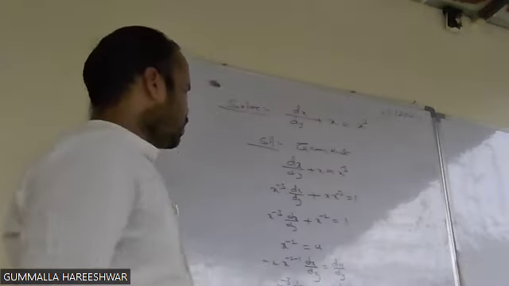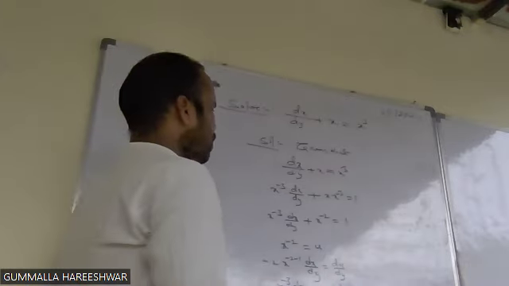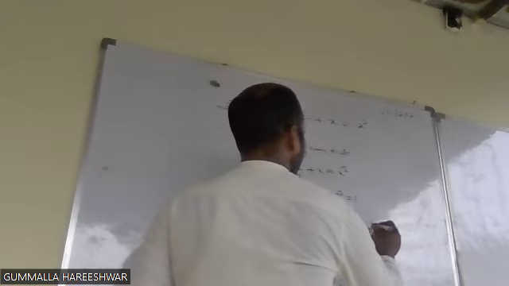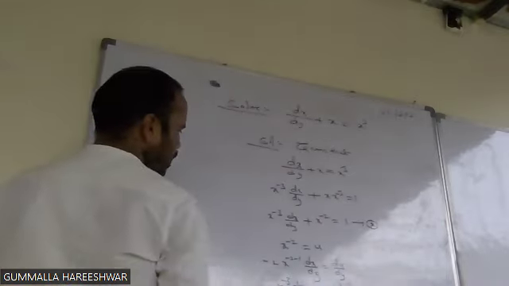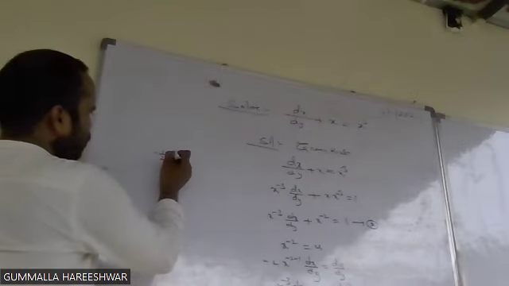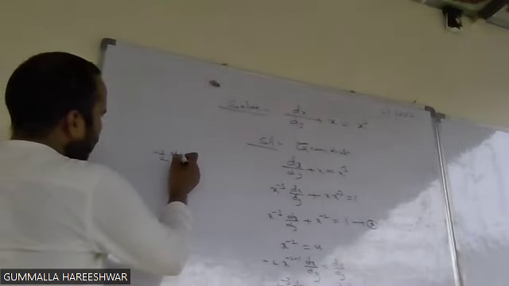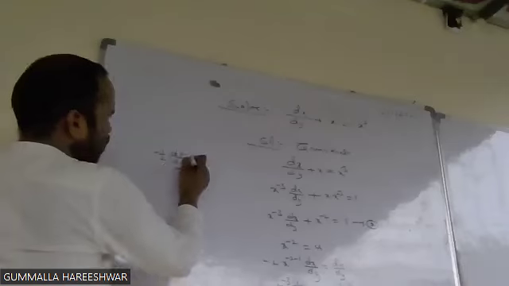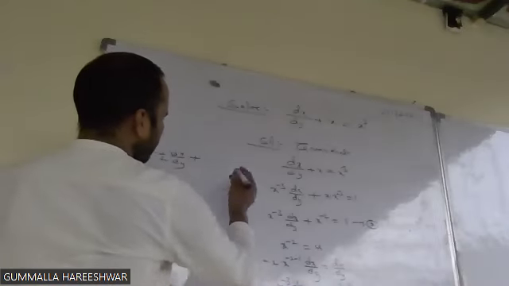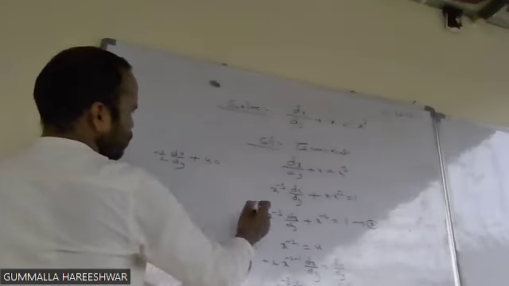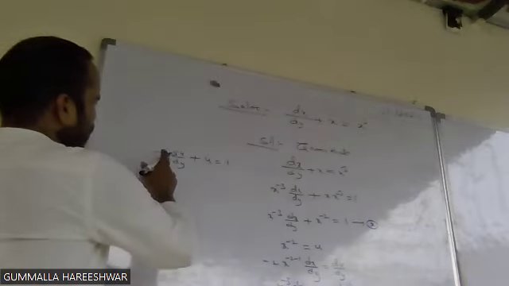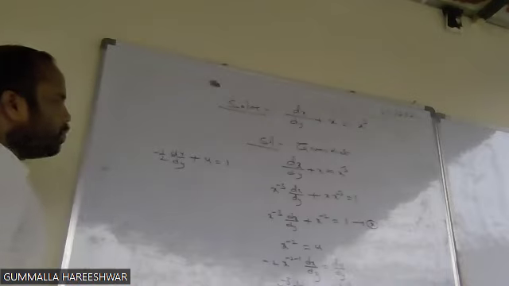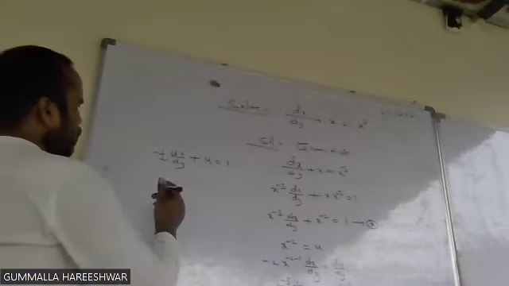I am substituting these two in the equation. In place of this we substitute minus 1 by 2 du by dy plus u equals 1. The coefficient of du by dy is minus 1 by 2, so I multiply with minus 2.